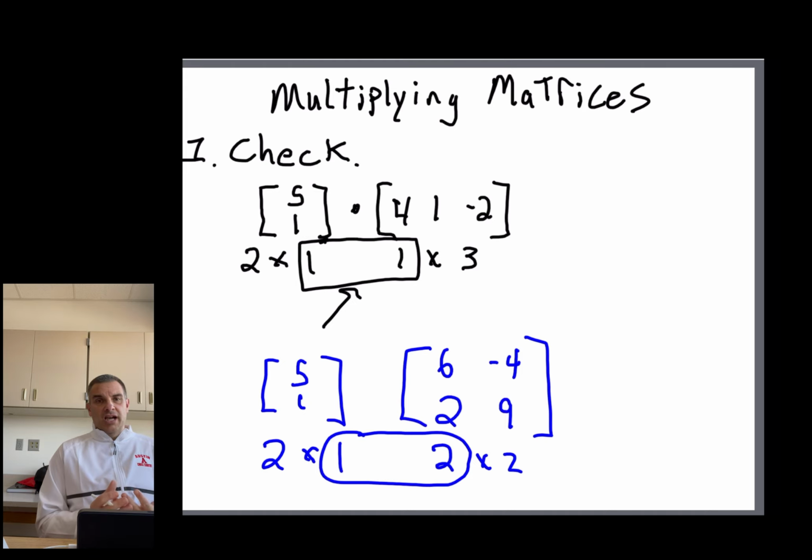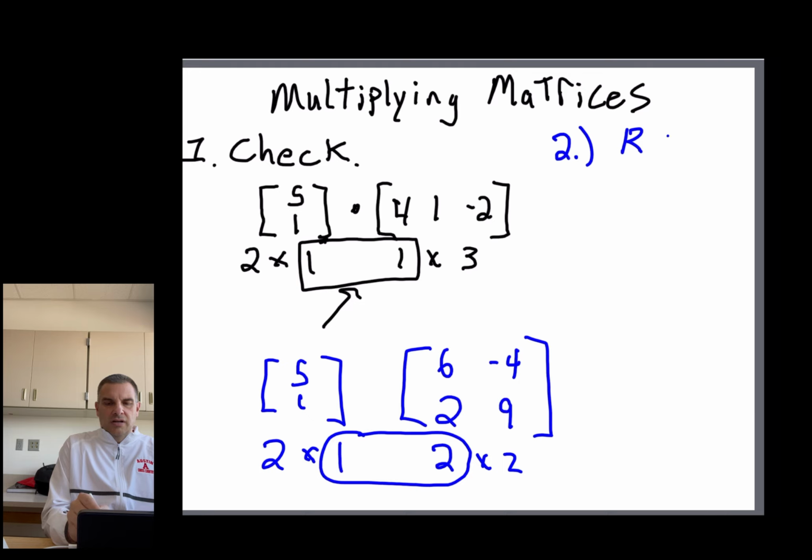After we've checked to figure out if we can multiply, the next thing we have to figure out is how big that matrix is going to be. So step 2 is to figure out how many rows and columns your new one is going to have. In other words, what are the dimensions of your new matrix? How many rows is it going to be, and how many columns?